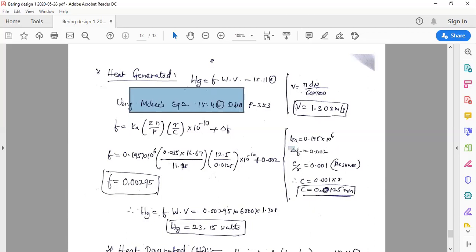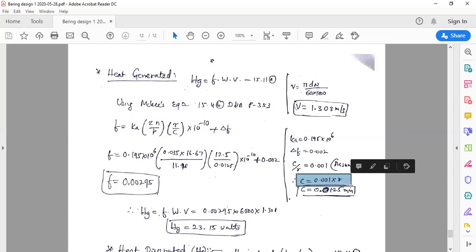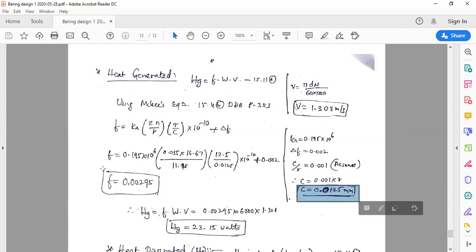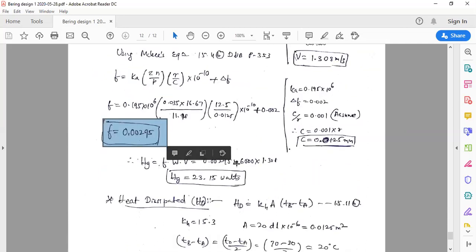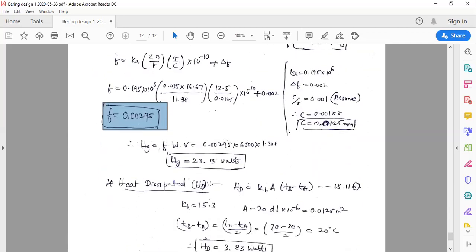For full bearing, delta F is 0.002 since L by D is equal to 1, and radial clearance is 0.001 into R. 0.001, that ratio is assumed here, so that C is 0.0125. So after substituting, we will be getting the value of F as 0.00295. So the heat generated is obtained here as 23.1915 watts or joule per second.